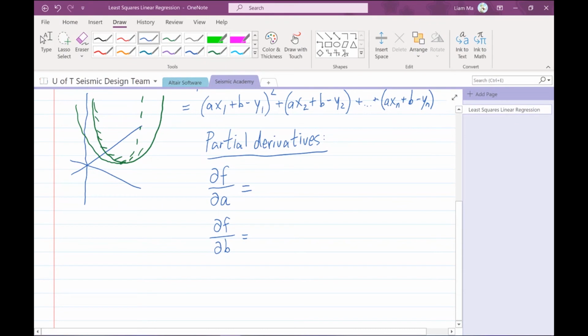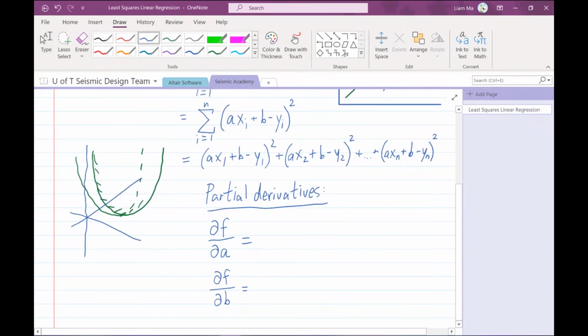In calculus, which is a branch of mathematics, evaluating the partial derivatives of this function gives you a tool to figure out what the minimum of that function is. To do that, we have to take the partial derivative of this summation right over here.